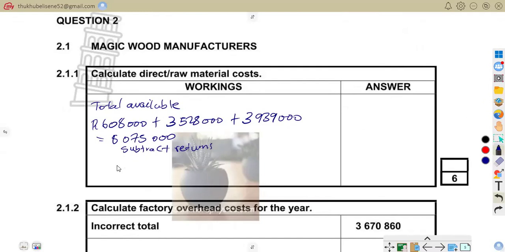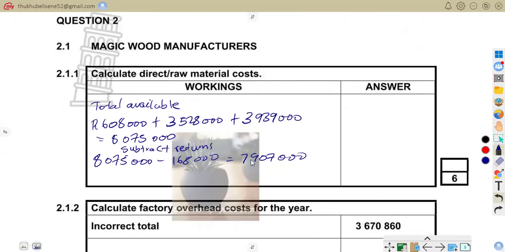Our returns were 168,000. So 8,075,000 minus 168,000 gives us 7,907,000.